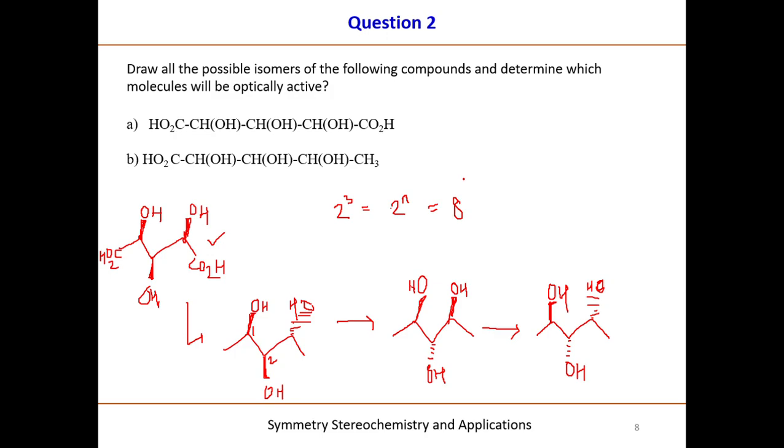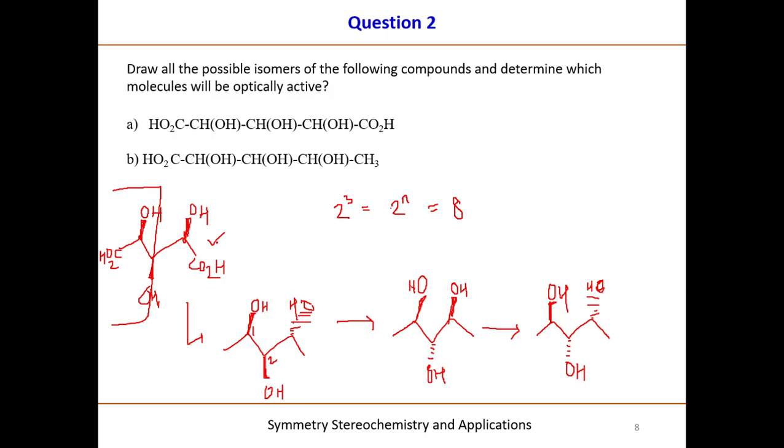But if we discuss the chirality of the molecule, you can see here, if we pass the plane here, we get the exact mirror image of this half of the molecule. That means a plane of symmetry is present in this first molecule, so it is achiral.